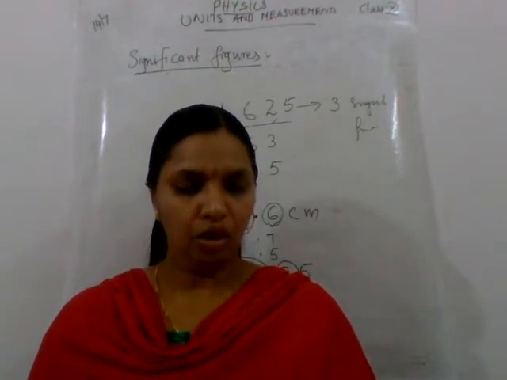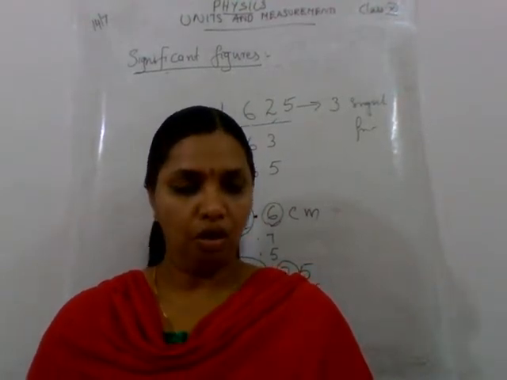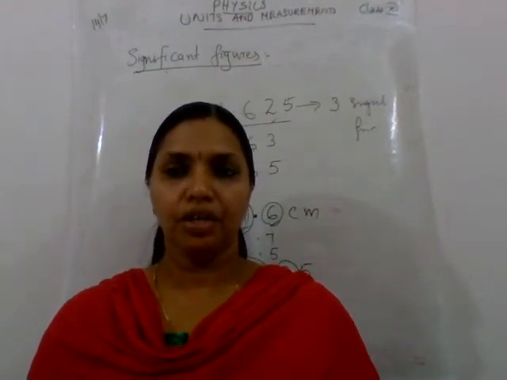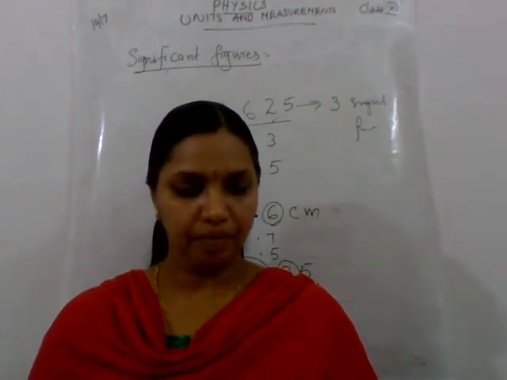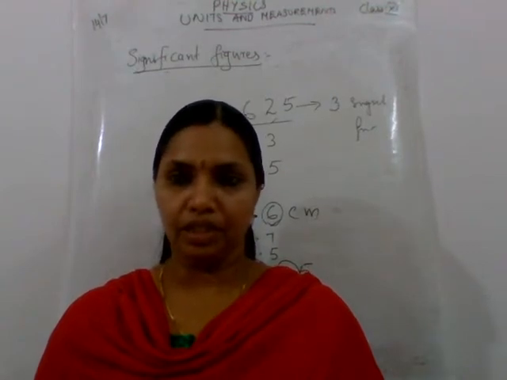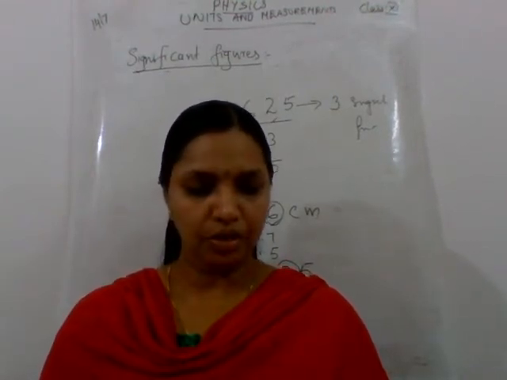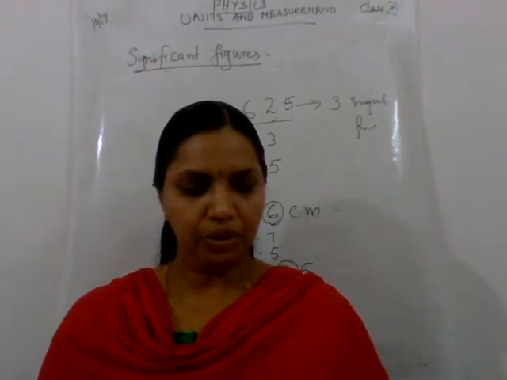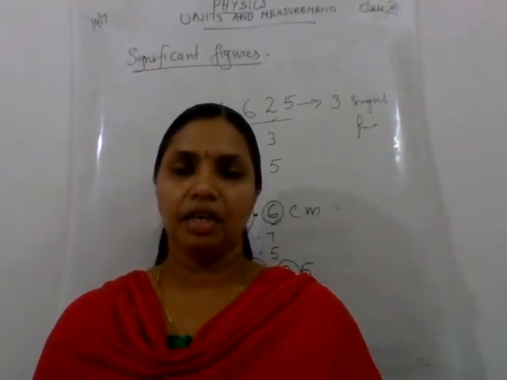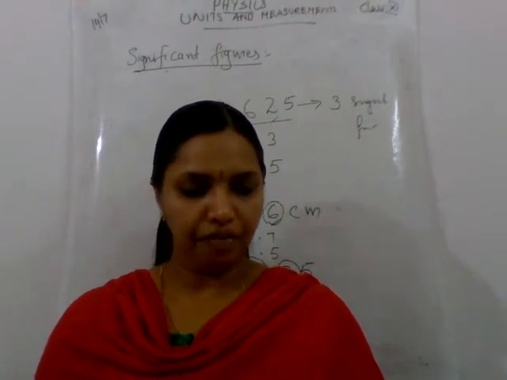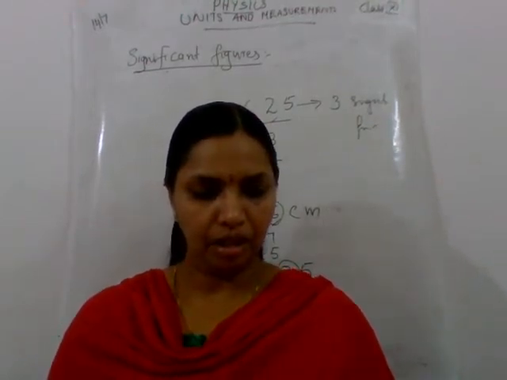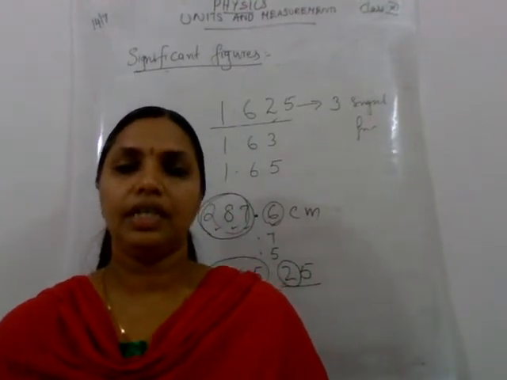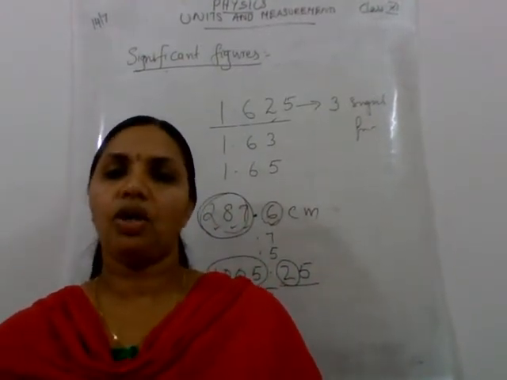Third one, all zeros to the right of a non-zero digit, but to the left of an understood decimal point, are not significant.